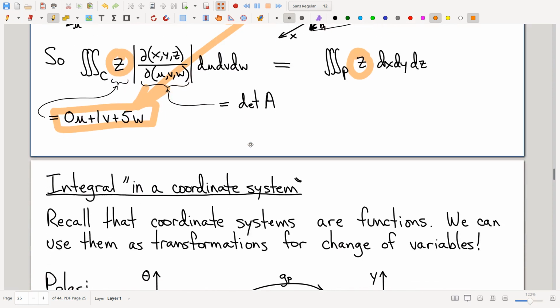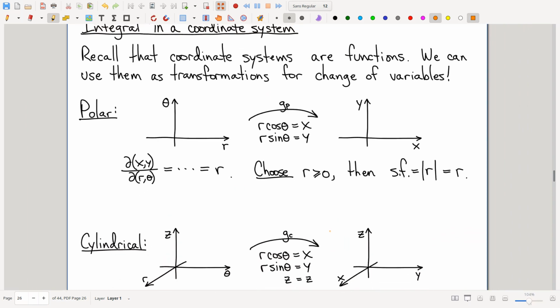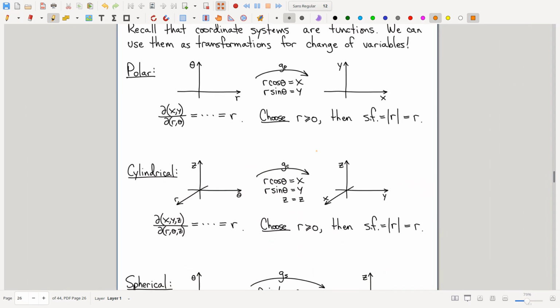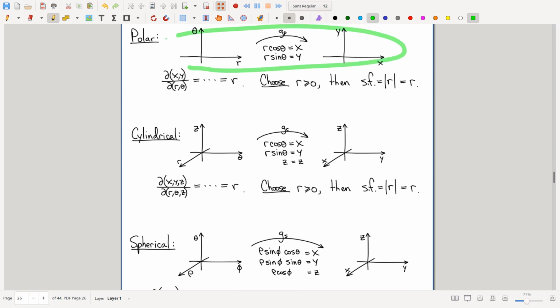Okay, moving along. Turns out there is another category of functions that make for fantastic change of variables functions, and it is our coordinate system conversion formulas. Recall, you can think of polar coordinates as being a function: r and theta go in, x and y come out.